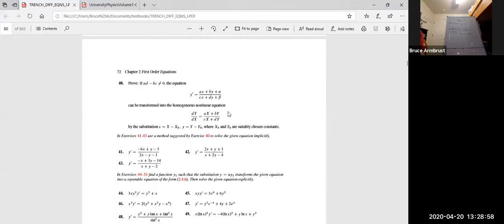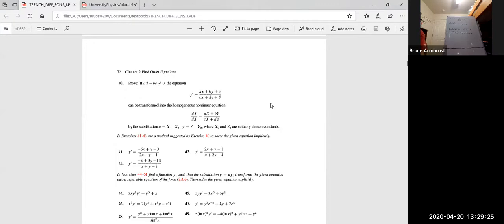And it says it can be transformed into the homogeneous nonlinear that looks like this with big Y and big X using the substitution x equals big X minus x naught and y equals big Y minus y naught, where x naught and y naught are suitably chosen constants. So you got to love that.